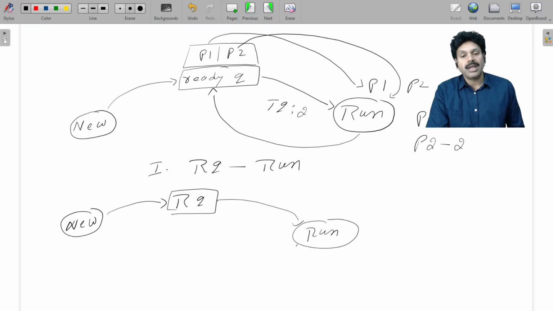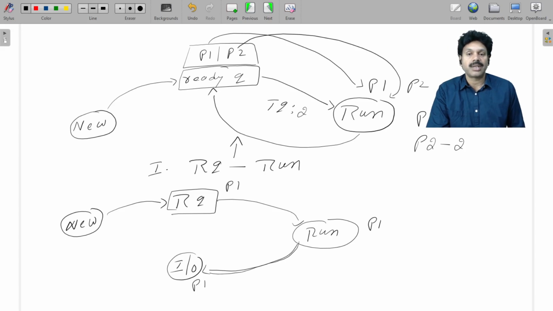And unfortunately, the process needs some IO. So right now P1 is in the ready queue and P was in a run state. P1 goes to IO state for some time. Right now P1 is here. So here you're switching from run state to IO state.